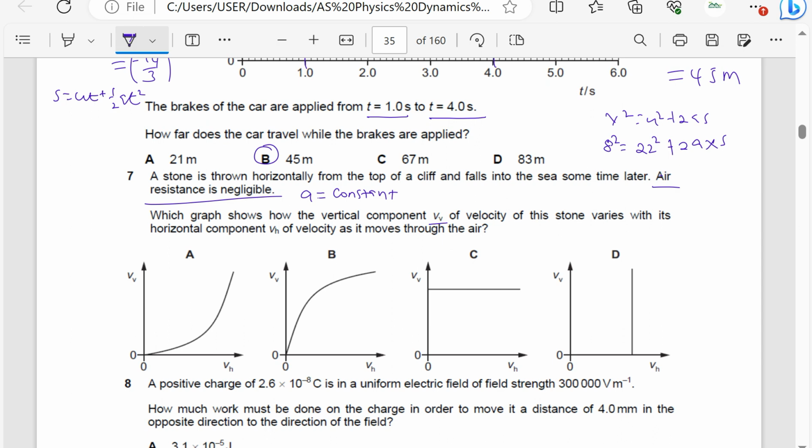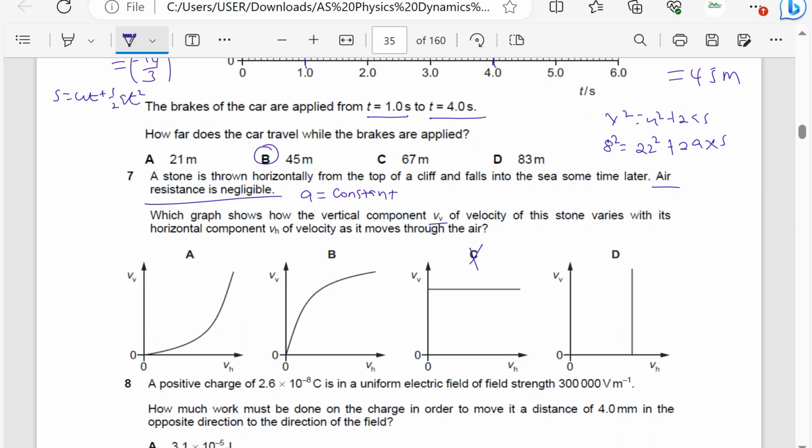So the horizontal component must remain constant as the vertical component increases, and will increase uniformly since the acceleration in the vertical is constant for no air resistance. So C is automatically wrong because it shows that the vertical component remains constant.